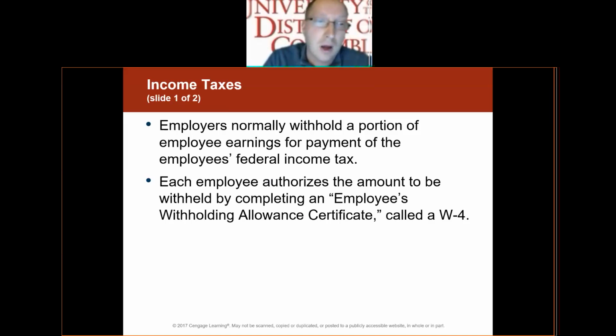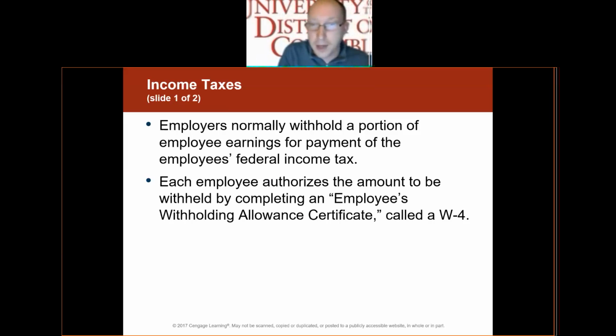Now, in addition to that, what the slide doesn't tell you is that the employer also has to contribute the same amount of federal income tax that you paid in. Okay? So, for example, if in your paycheck you paid $200 in federal income tax, your employer also paid $200 in federal income tax.